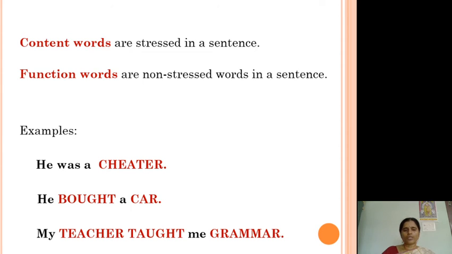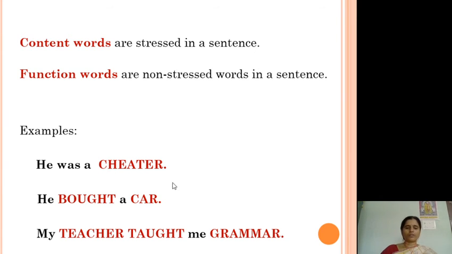When we can identify the content words and function words, then only is it possible for us to know which word has to be stressed and which word should not be stressed. So in a sentence, content words ought to be stressed and function words we have to utter lightly, or pronounce lightly.